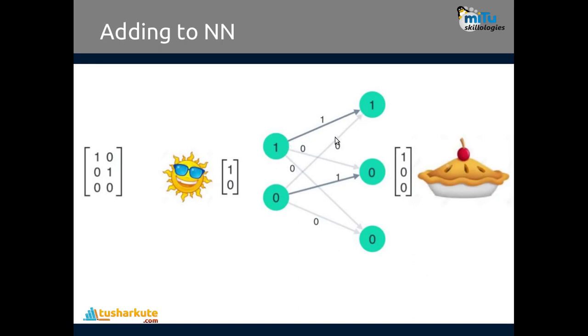From here, here, here and here, all of this will be 0. And if this is 1, I'll have this 1 here, and this will be 0 and this will be 0. It means that when the input is raining, the output will be 0 1 0, which will be output as a burger.